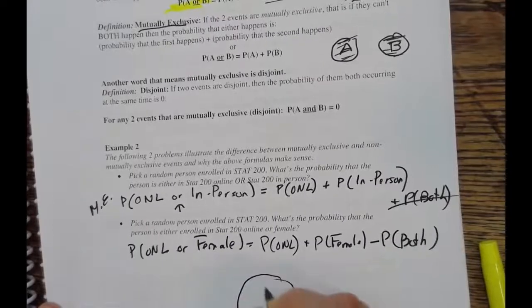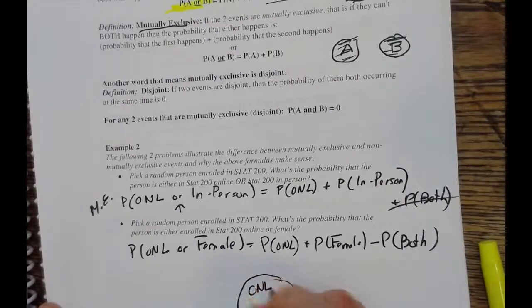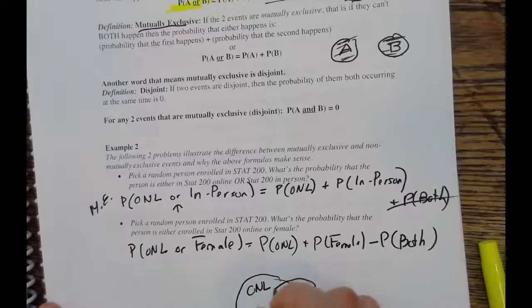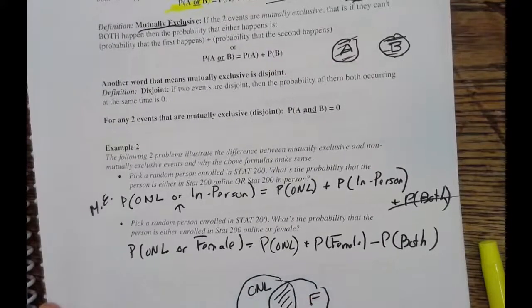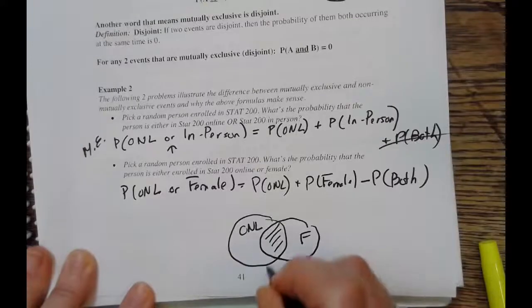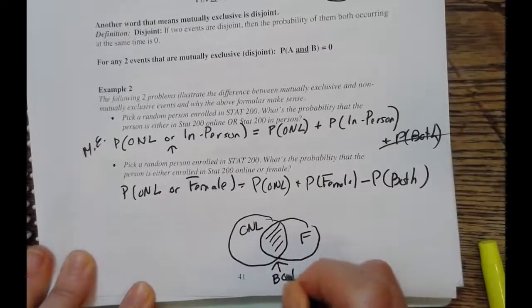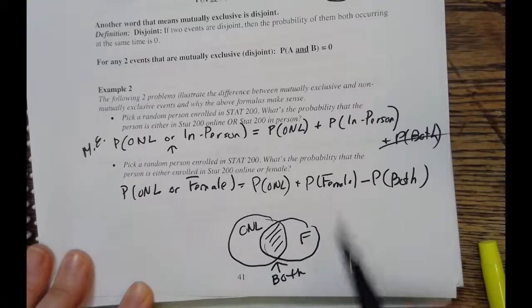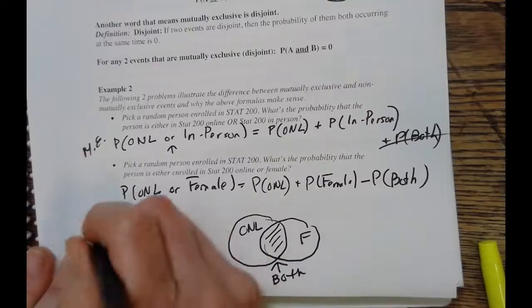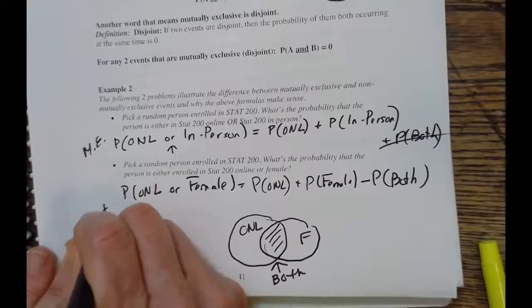Because here's the online, let's say, and here's female, and here's this overlap. So this is both. You don't want to count the females who are online twice, as part of the online and as females. So you have to subtract them off. So this is not mutually exclusive.